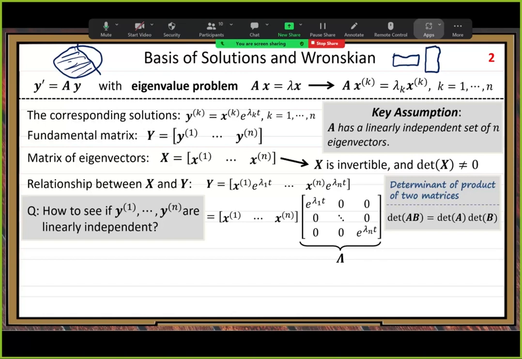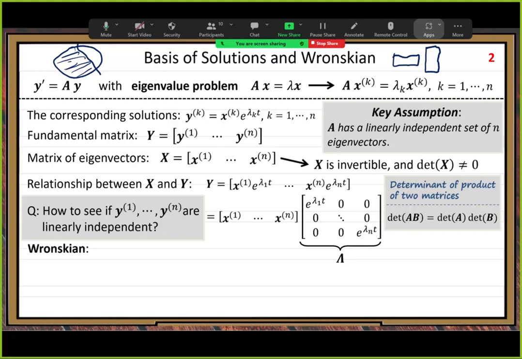Here, we have no such problem. All our matrices here, Y, X, capital lambda, are all square matrices, so we can apply that formula. Now, the Wronskian: for a linear system, the Wronskian is defined as the determinant of the fundamental matrix.